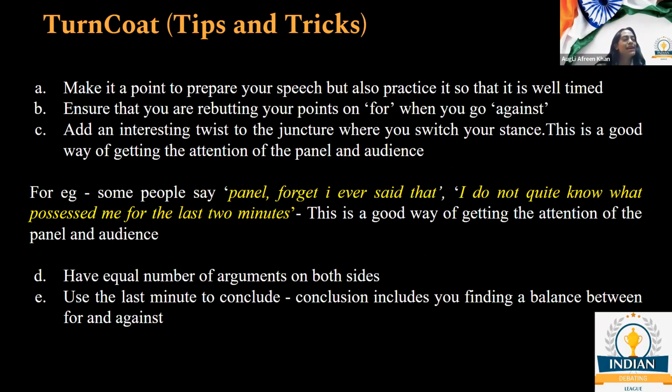So if your point says that Barbie is good because it inspires a lot of children in terms of what to do and what not to do, I think you can also rebut, which means speaking exactly against that point in your against time.